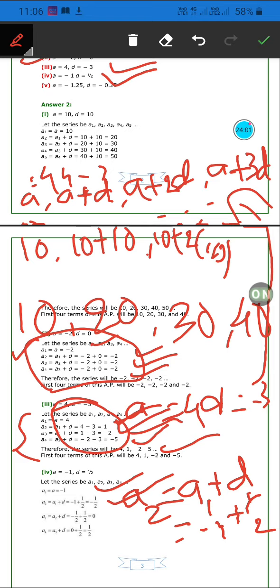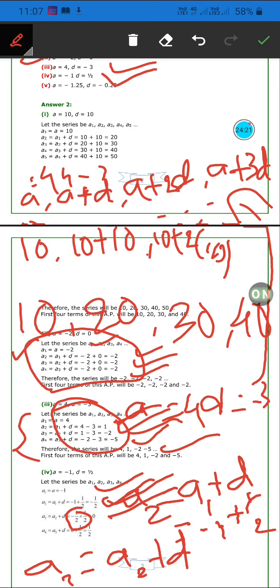a3, how do we get a3? Add d to a2. So what is a2? That is minus 1/2. What is the common difference d? 1/2. Minus 1/2 plus 1/2, what does it become? 0. What is a3? It is 0. 0 plus d, what is the d value? 1/2. 0 plus 1/2 becomes 1/2.